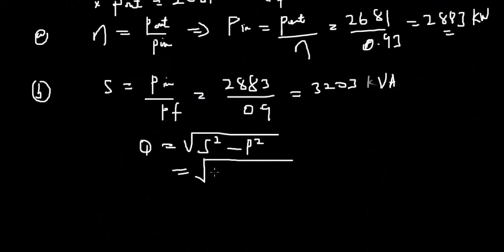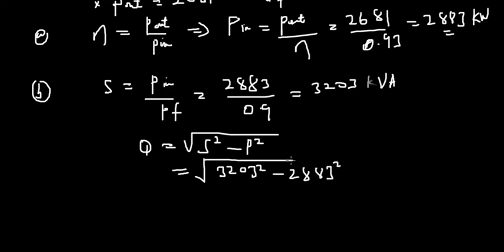Right, so let's look at S. S is 3203 squared minus P. You've already calculated P to be 2883. So let's insert that into the equation.